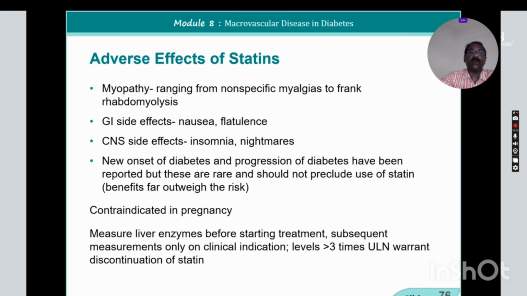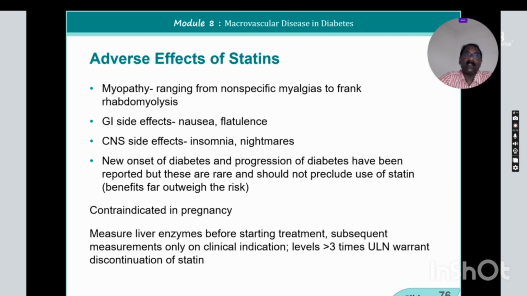The adverse effects: myopathy, ranging from non-specific myalgias to frank rhabdomyolysis; GI side effects like nausea and flatulence; CNS side effects like insomnia and nightmares. New onset diabetes and progression of diabetes have been reported. That is also important. But if you see, the gains are much more when compared to the risk of getting new onset diabetes.